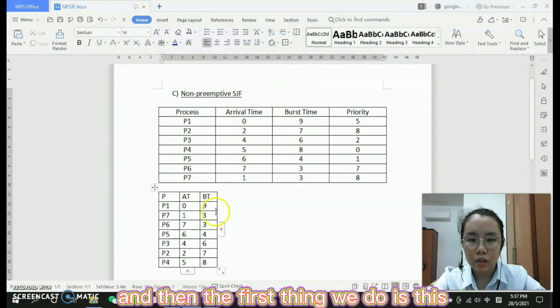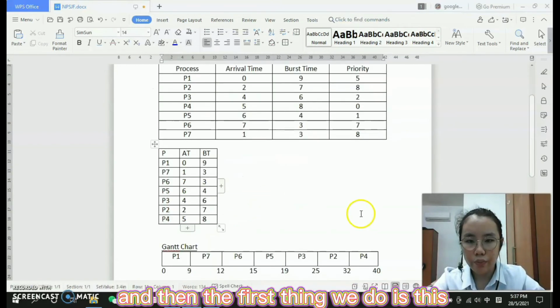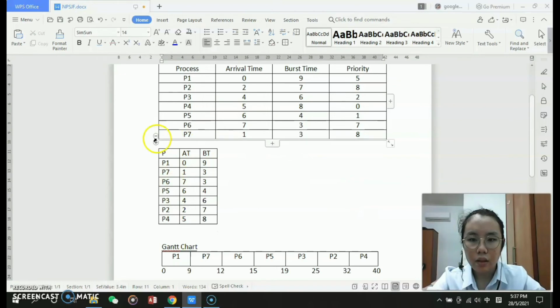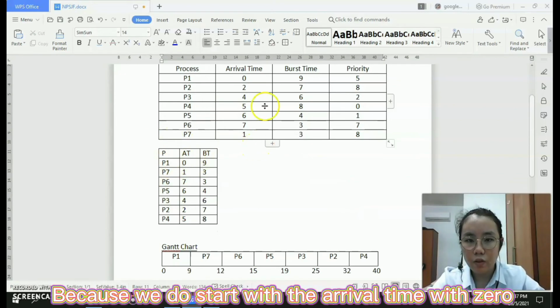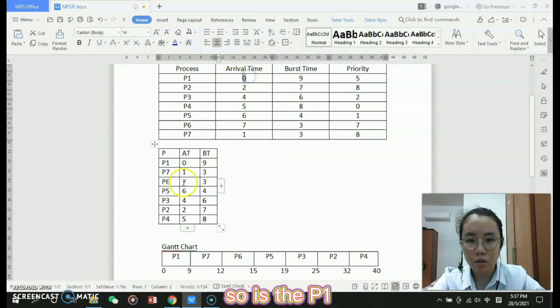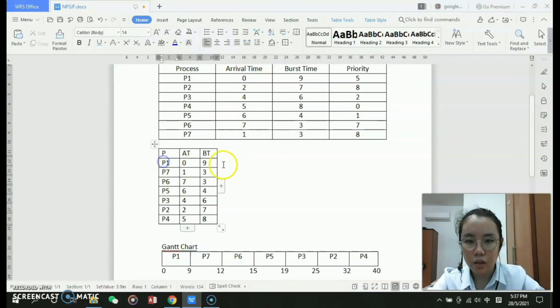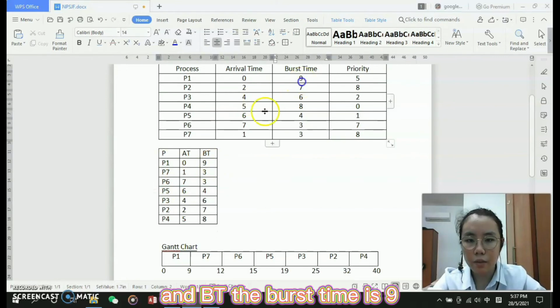The first thing we do is P1 first, because we want to start with the arrival time 0. So it's P1, and the burst time is 9.